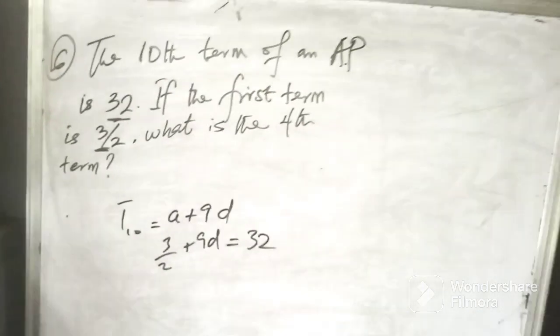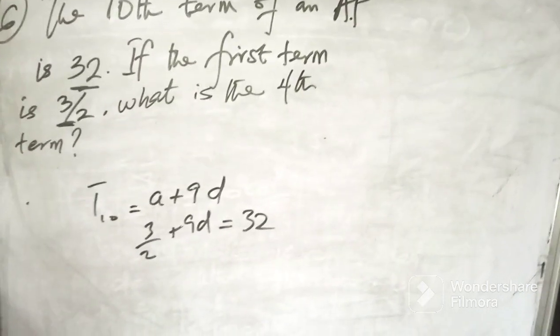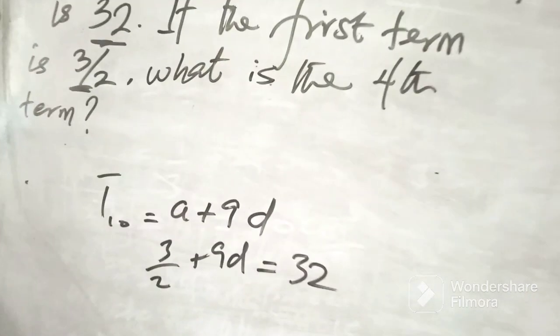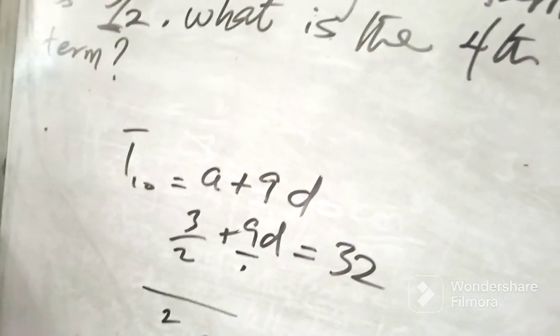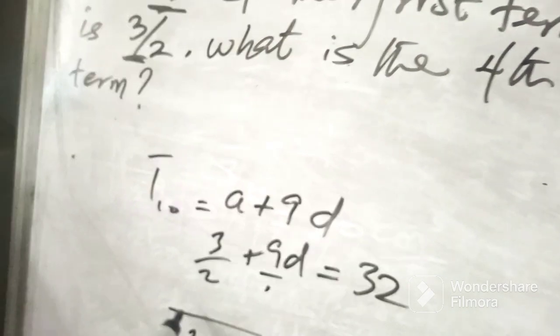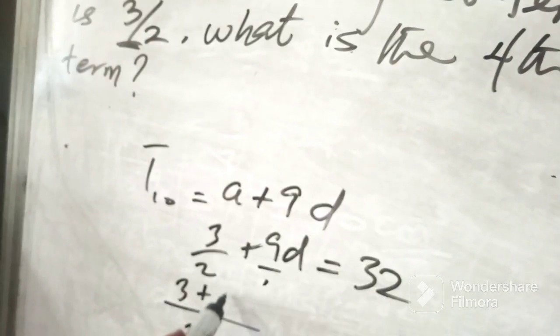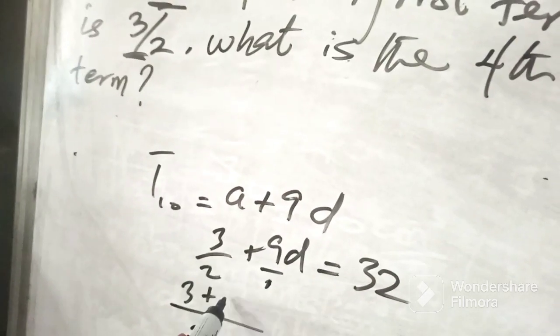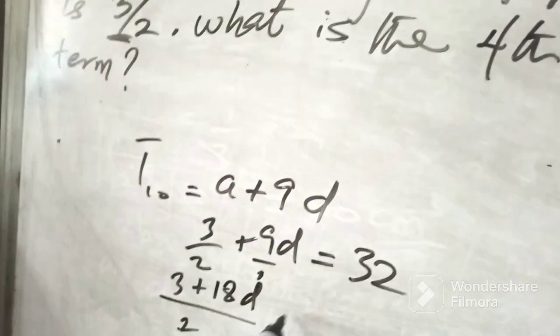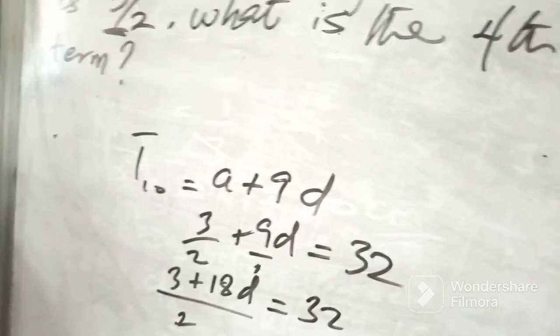So from here now, we can solve it further, and you can find the LCM. The LCM will be 2. 2 divided by 2 times 3 will give me 3, plus 2 divided by 1 times 9 will give me 18d, equal to 32.